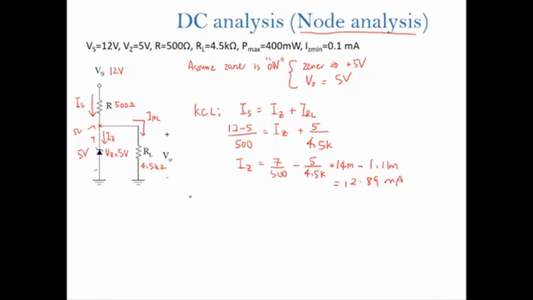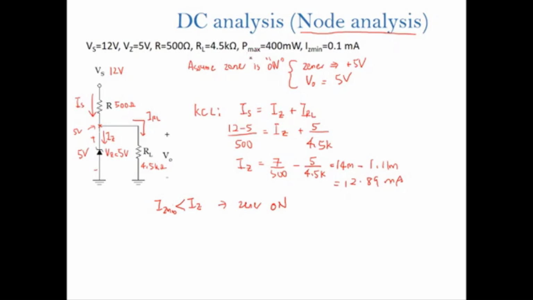So you get here that IZ is larger than IZ min, because IZ min is 0.1 milli and this is 12, so the Zener is on.